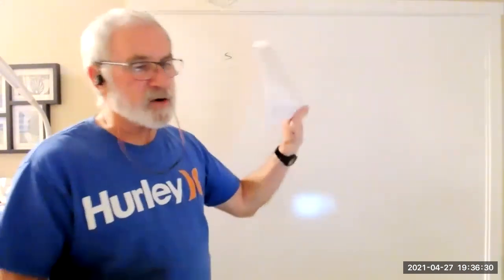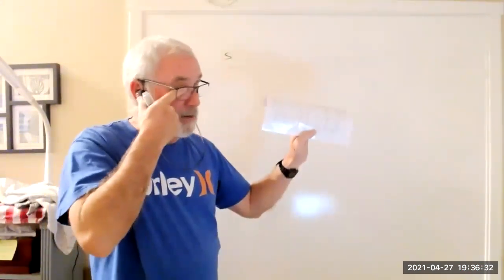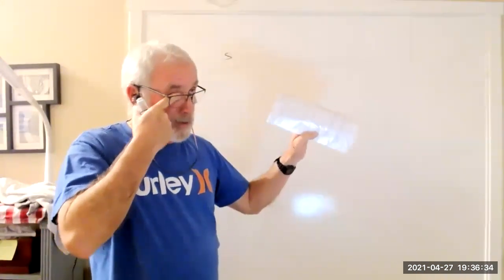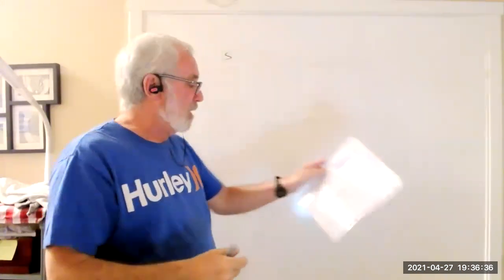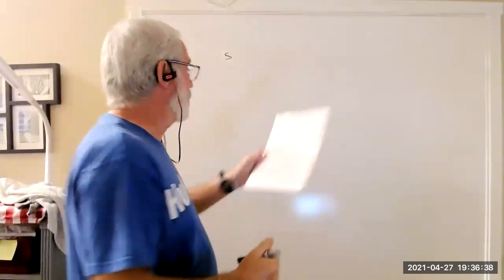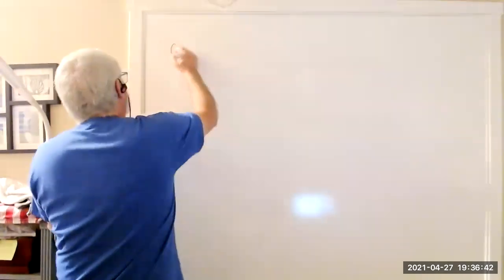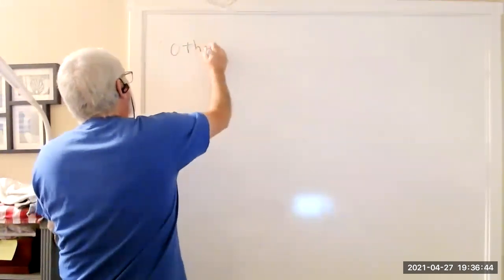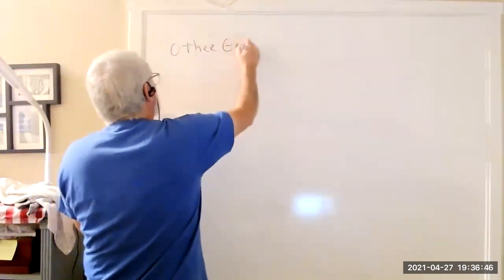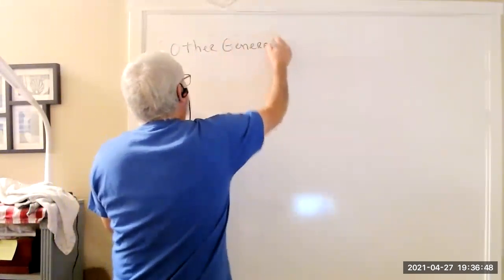There is an error on here, and I just caught this a couple years ago, and I really don't want to rewrite it. Look down where it says other general properties.